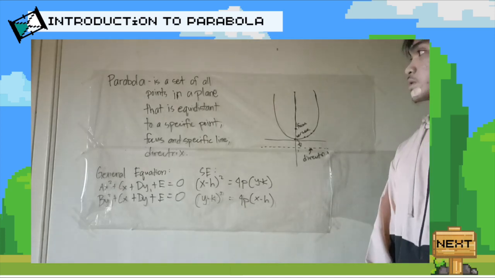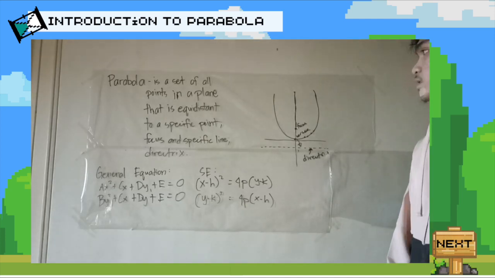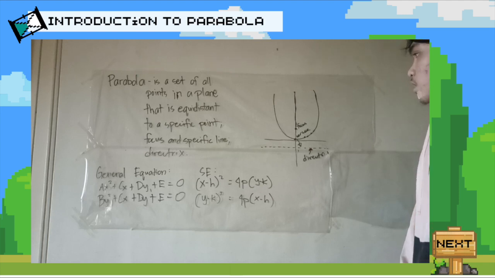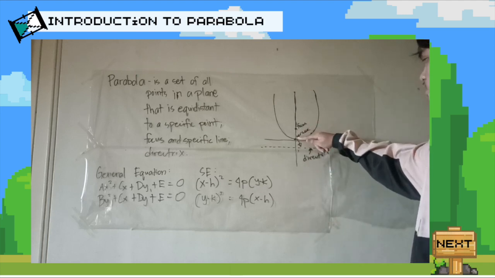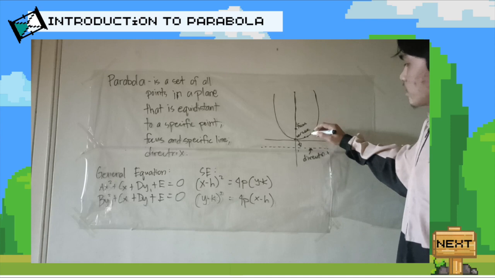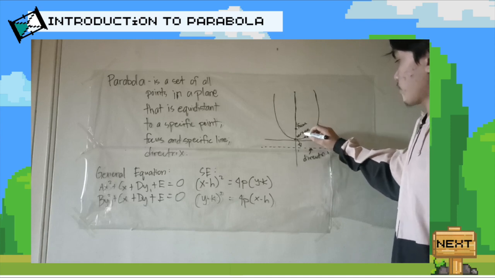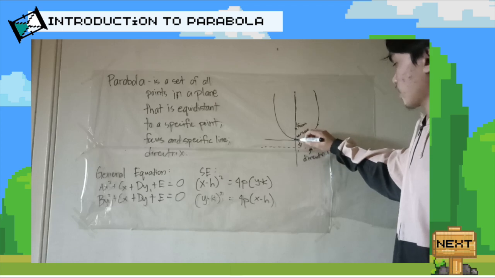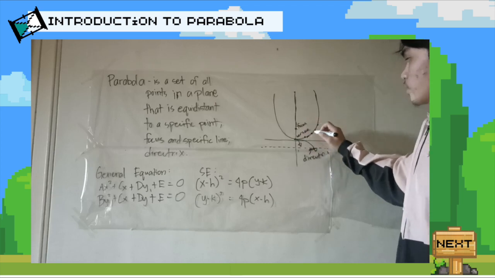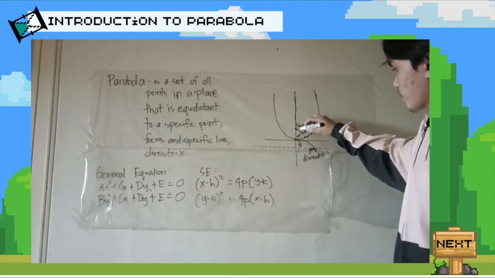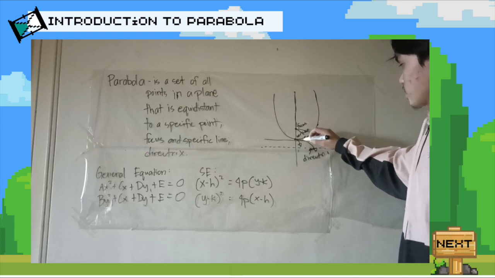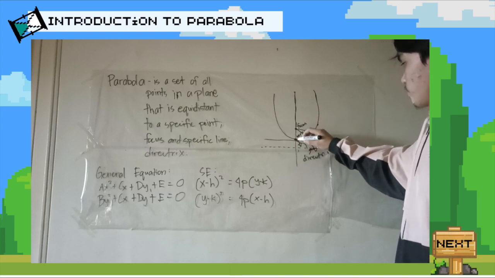So the parabola wants to say is that the distance of focus to the vertex or any other point right here is equidistant to the distance of vertex to the directrix. So they are equidistant.